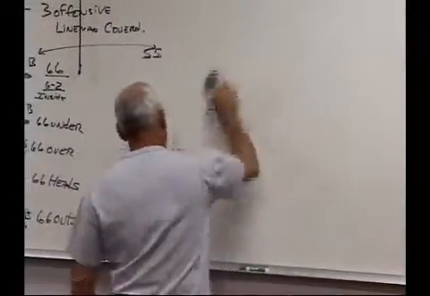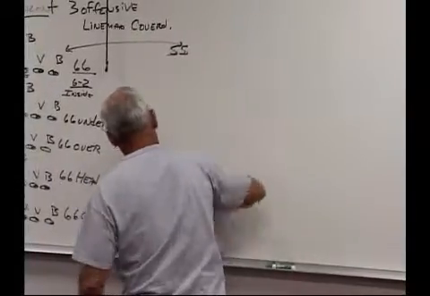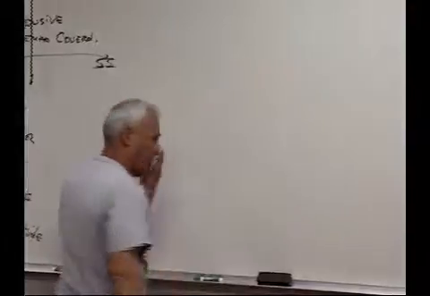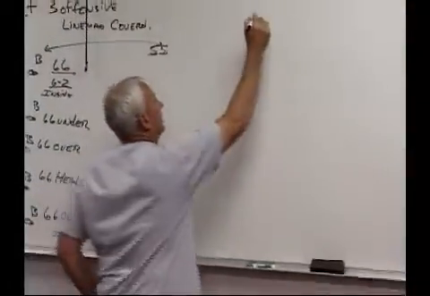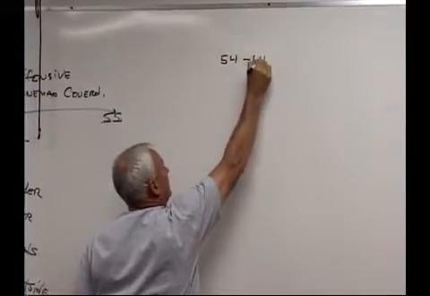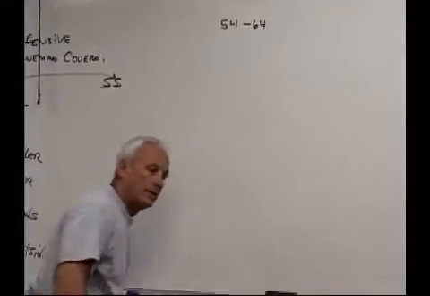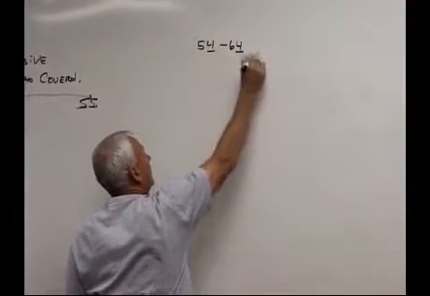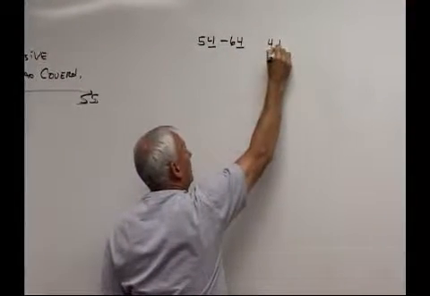Anytime you have a combination of a 60 or a 50 and there's a 4 involved in it, anytime you have a 54 or a 64 or anything like that, you're dealing with 4 down linemen.